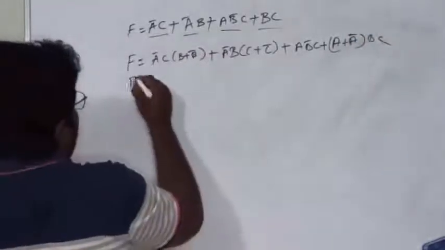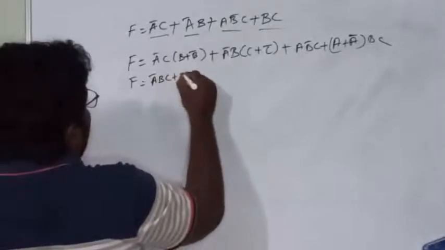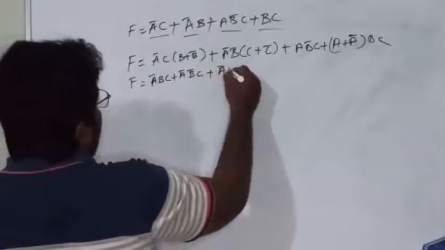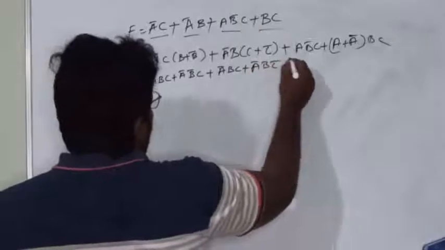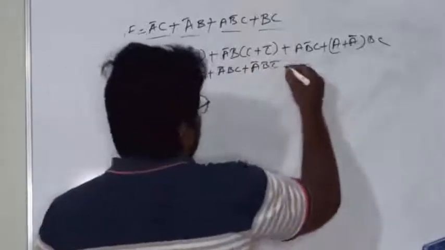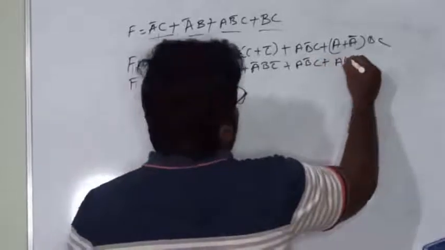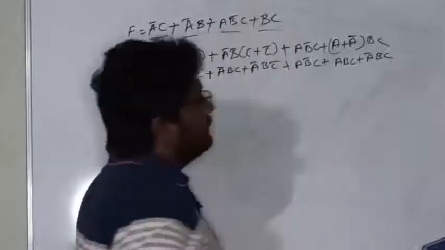So now we will be getting F is equal to A complement BC plus A complement B complement C plus A complement BC plus A complement B C complement plus A B complement C plus ABC plus A complement BC.